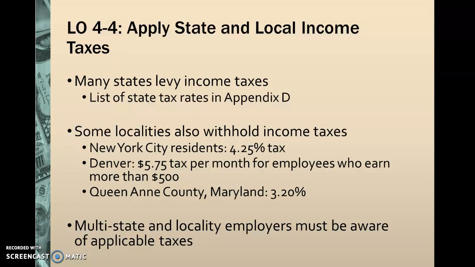New York City residents, for example, withhold 4.25% tax. Denver, for example, does 5.75 tax per month for employees who earn more than $500. And then Maryland is at 3.2%. Multi-state and local employers must be aware of the applicable taxes. So it does vary from state to state, so please keep that in mind. It is covered on page 125 in your book.